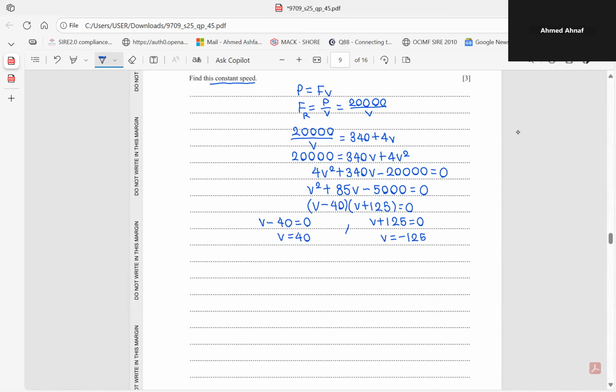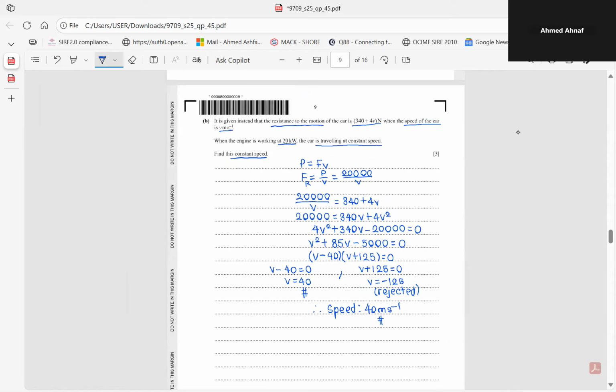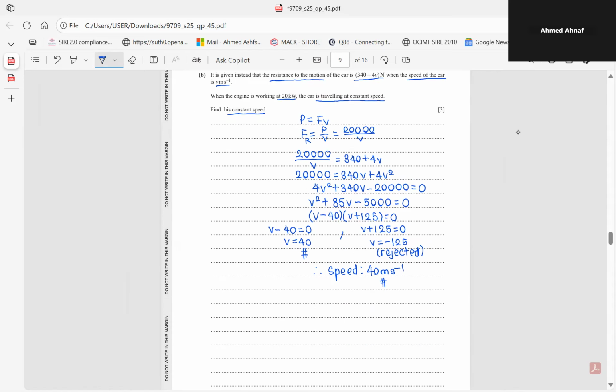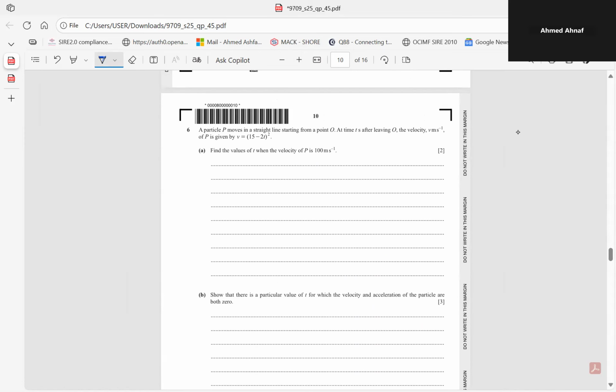And since V cannot be negative, we're going to reject this. Hence, this is our final answer, and we can write speed as 40 meters per second. So this is our final answer for this second part, as well as the entire question. Let's head on to the next question.